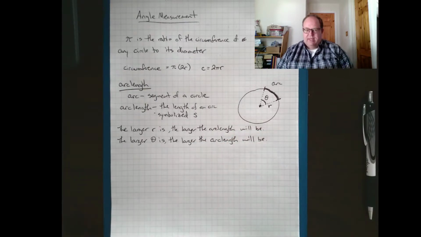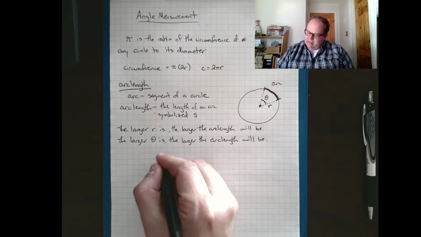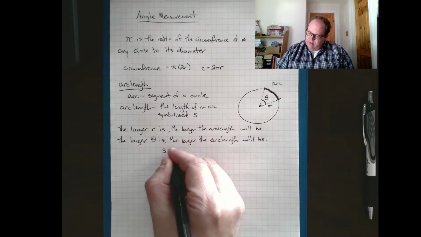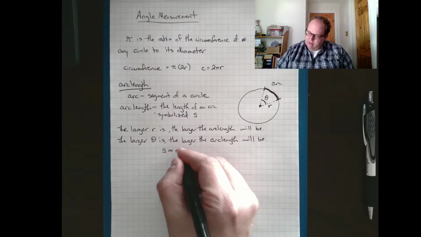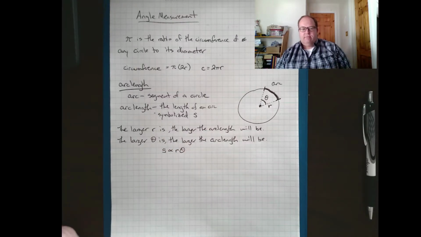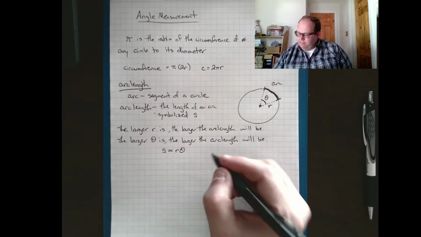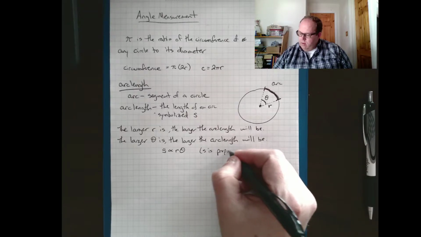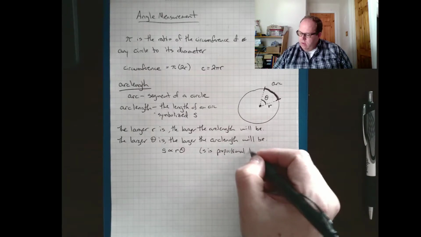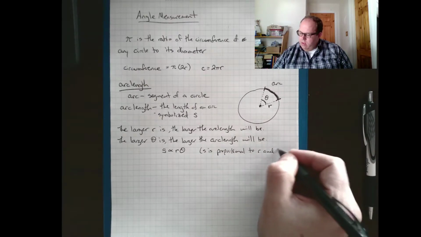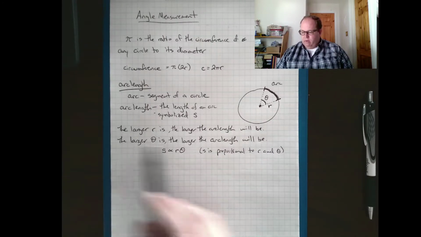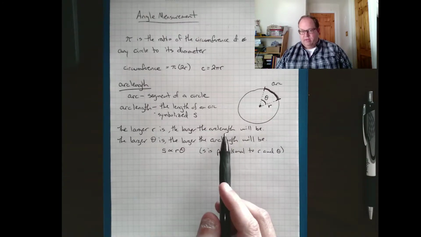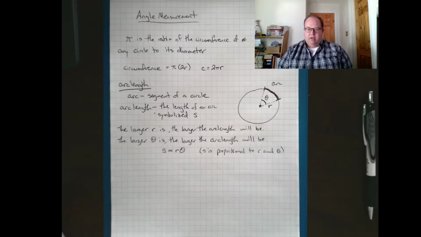Now we try to say that a little bit shorter when we're talking mathematically, and what we basically say is that S is proportional to r and theta. Which basically means what I wrote above. The bigger r gets, the bigger the arc length will be. The bigger theta gets, the bigger the arc length will be.